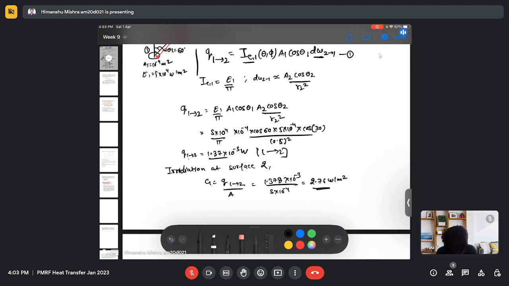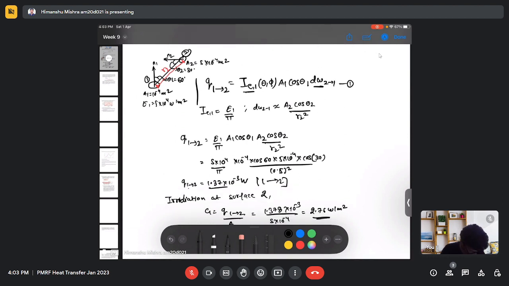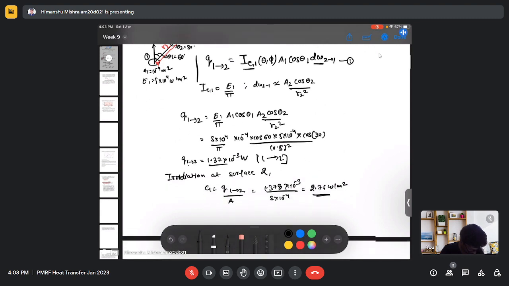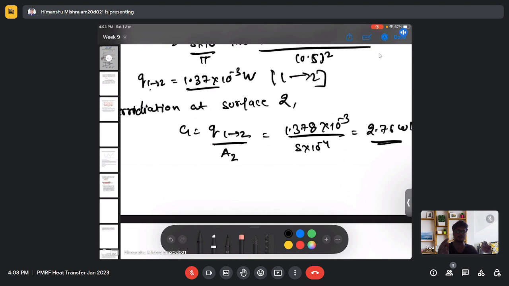So any doubt in this? So you are writing here only A. Why you are not writing A1 or A2? Where? Oh, sorry. Here it is A2. This is because we are calculating at surface 2, whatever the radiation received at surface 2 from surface 1.